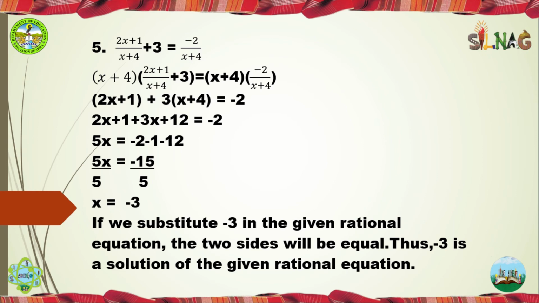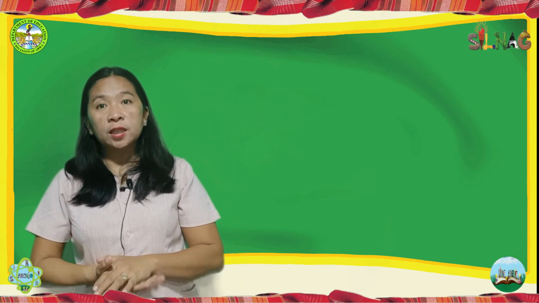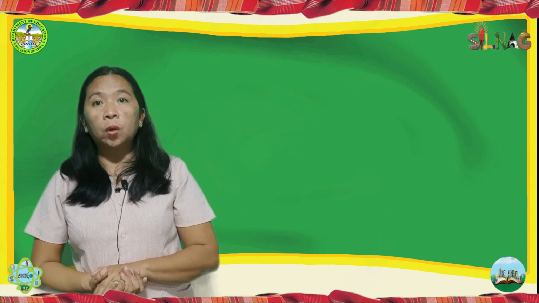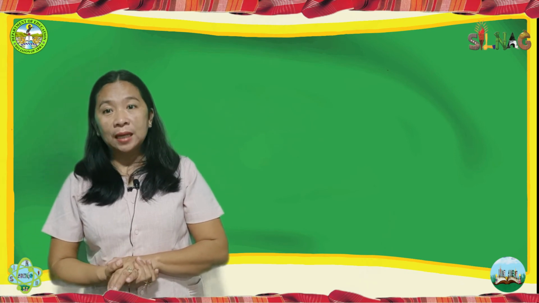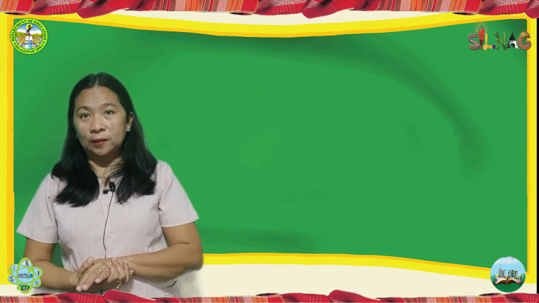If we substitute negative 3 in the given rational equation, the two sides will be equal. Thus, negative 3 is a solution of the given rational equation. Remember, always do the checking in order to know if the value that you have taken is a solution of the given equation.